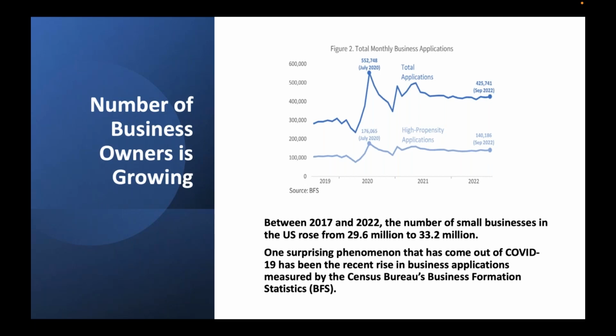And it wasn't just a little increase. It went from 300,000 a month up to close to 600,000 a month, and stayed well above the earlier level into and throughout 22. So that tends to bode well for the future business clients, for advisors of all types.